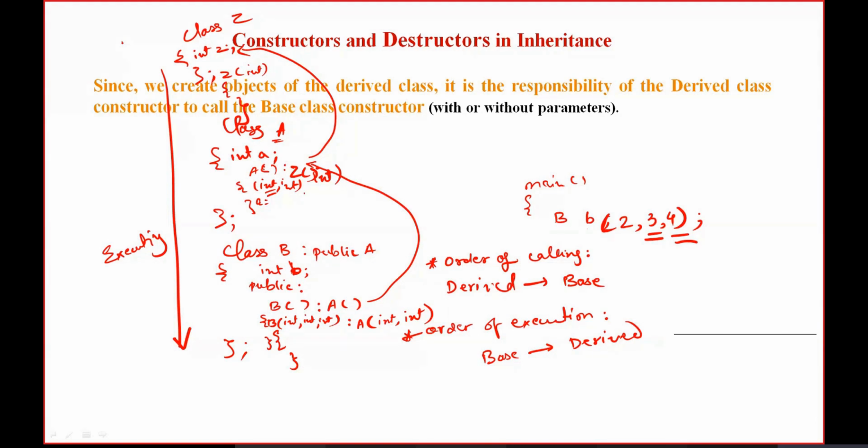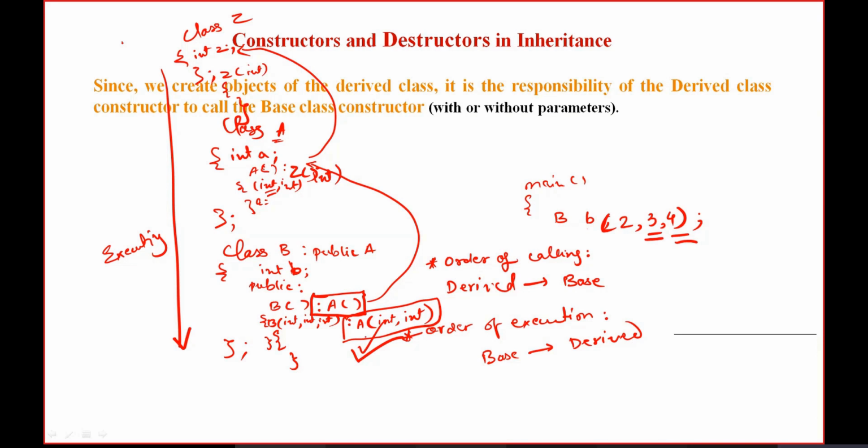Clear? Two things to note over here. Number one, if you don't mention this call, whatever constructor you are calling, then implicitly the default constructor of the parent class will be called by the compiler. And if you want to make a call to the parameterized constructor, then you need to mention the call explicitly like this.